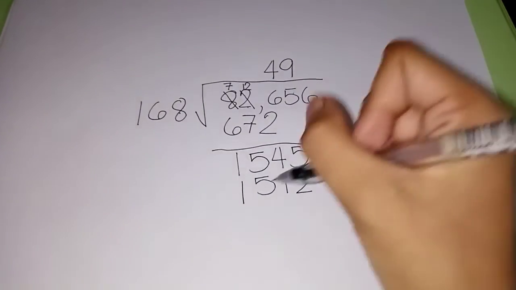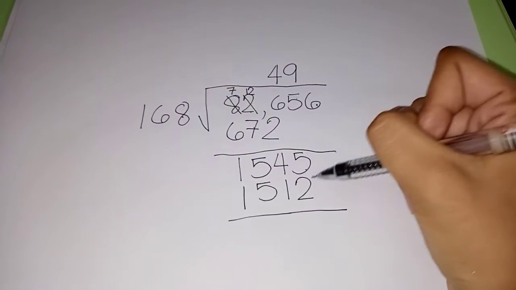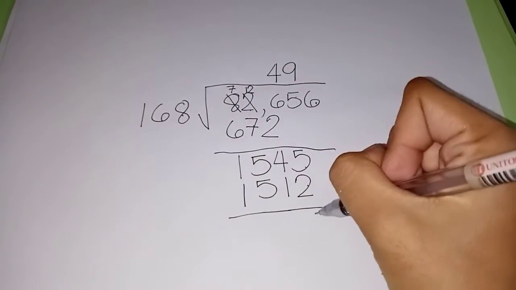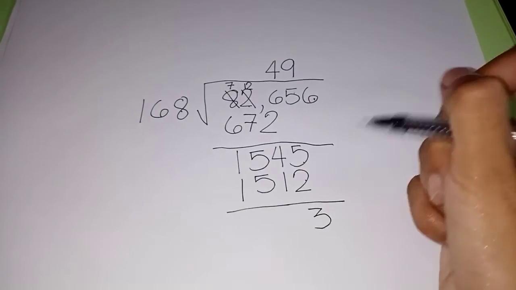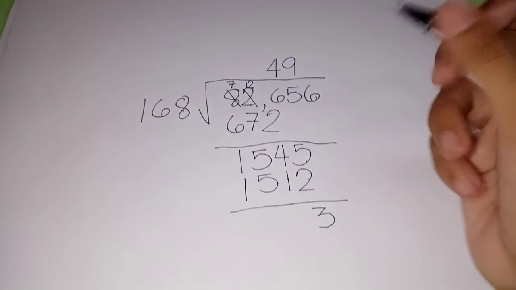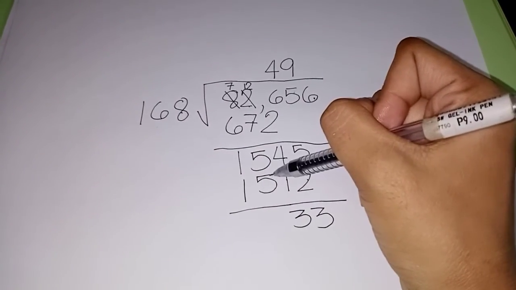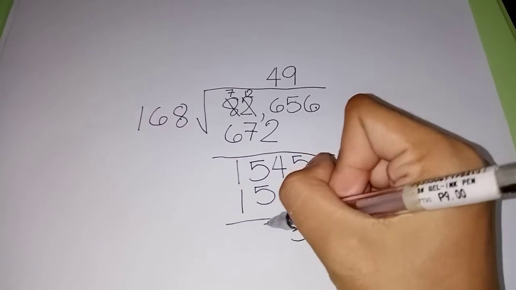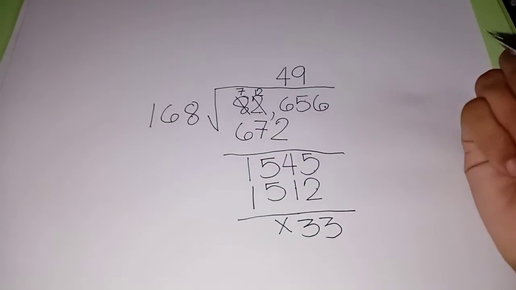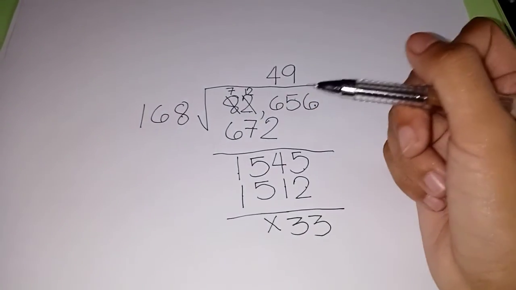And now let's subtract. 5 minus 2 is equal to 3. 4 minus 1 is equal to 3. 5 minus 5 is equal to 0. Let's just put an X mark. 1 minus 1 is 0.